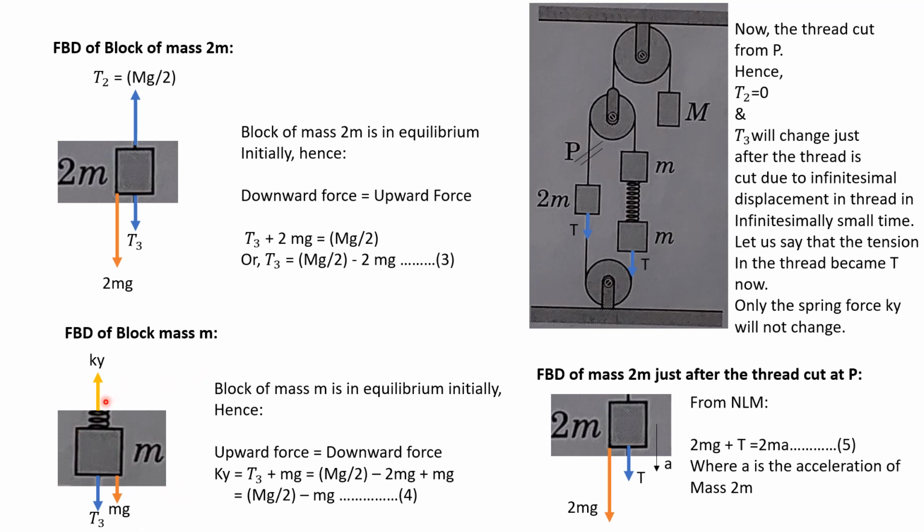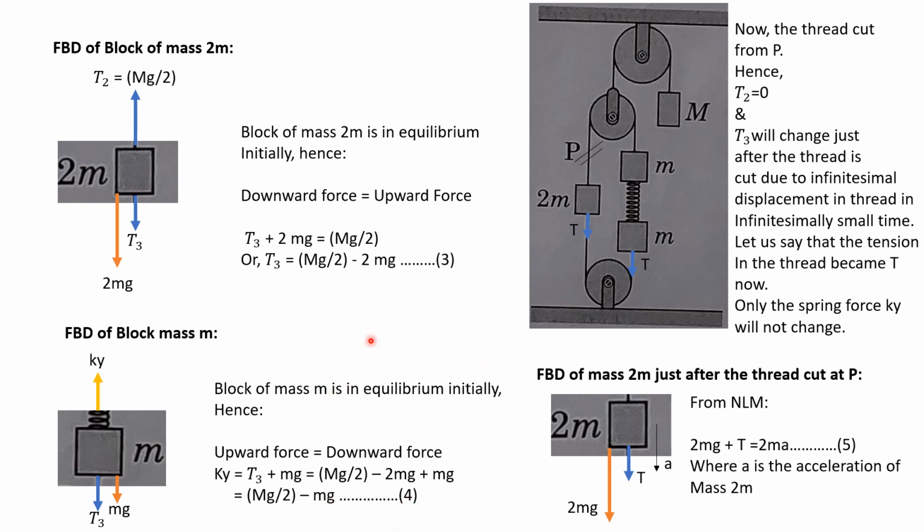Since it is in equilibrium, again upward force is equal to downward force. So K into Y, that is spring force, is equal to T3 plus mg. T3 we can replace from equation 3: capital M into g divided by 2 minus 2mg, and this again plus mg. So Ky ultimately will become capital M into g divided by 2 minus small mg. So this is equation number 4, right?